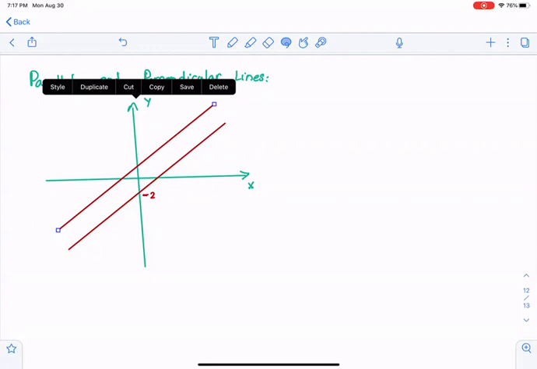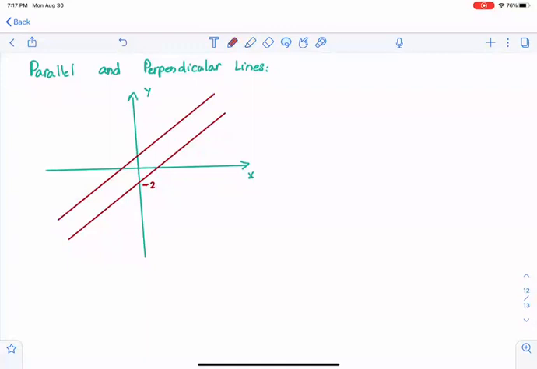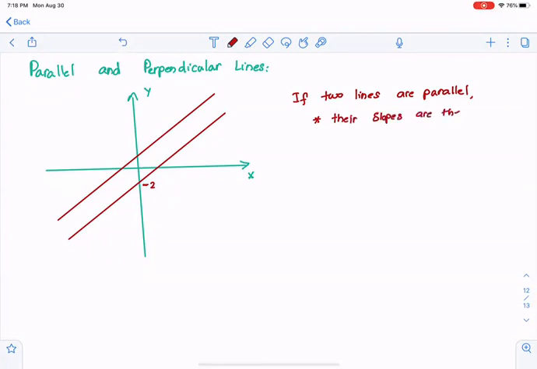You can see that the way I sketched it here, the second line that I put is parallel to the first. So the slopes are exactly the same. So if two lines are parallel, the slopes are the same.